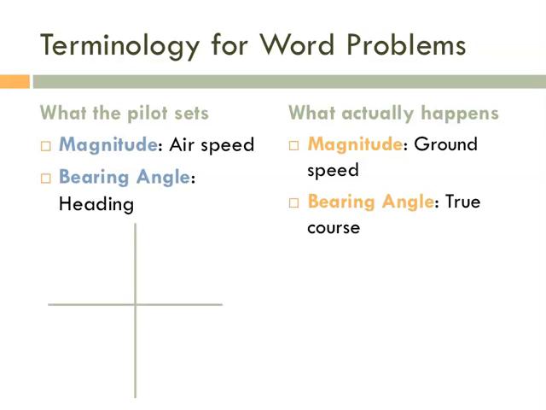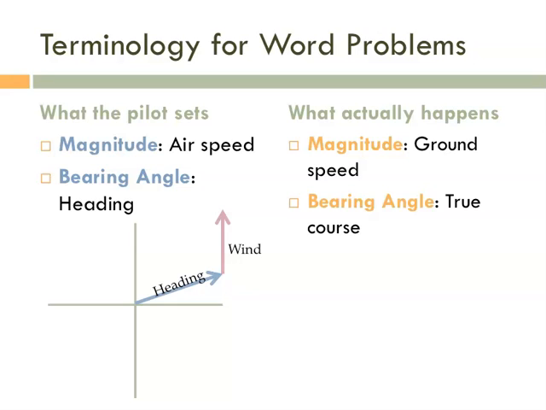If it helps, as an example, let's say this is the heading angle, and this is what the pilot sets for the plane. But there's a wind that's blowing, and it's going this way. So what ends up happening is the plane does not go along that blue vector.